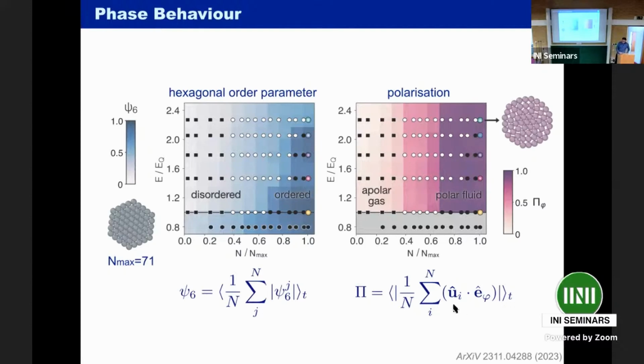I also want to introduce this polarization order parameter. The polarization measures the extent to which the particles move in the same direction. So this is the particle velocity, and the polarization is 1 when they're moving together, and 0 when they're random.